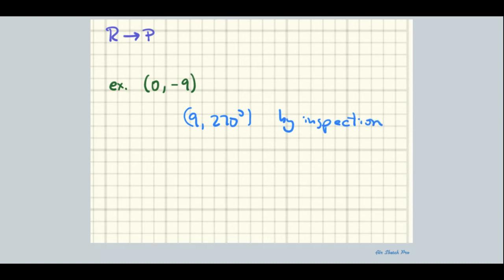There are other positions that are just as easy to do by inspection. Let me give you a couple examples. 1, 1. What's the angle of this one? You should be able to just visualize it. What's the angle?